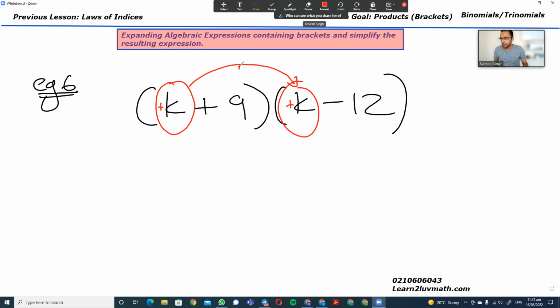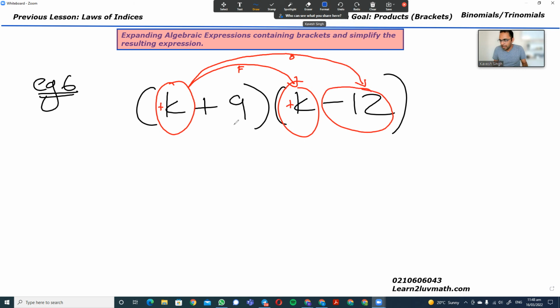And we can call it F for first term. I can then take k and multiply all the way to the outer term. All right, these are the outer terms. And I've got plus k times negative 12. That'll become, let's say, O. So first, then outer. Then I go to the inner terms, which is 9.